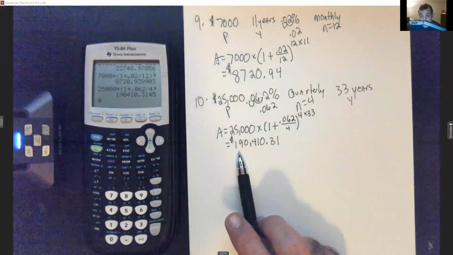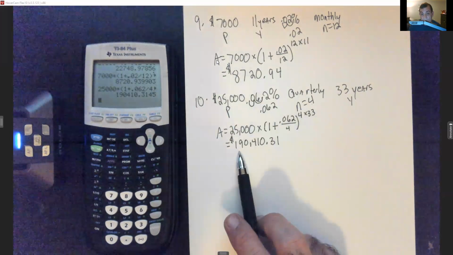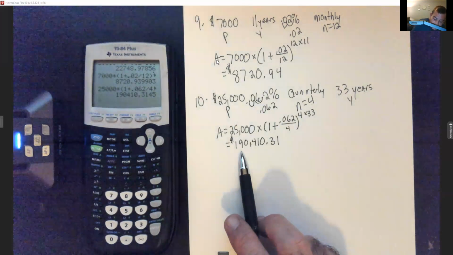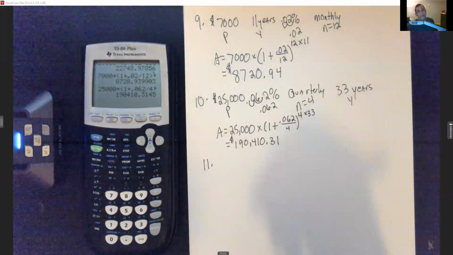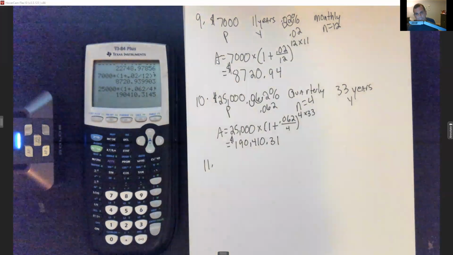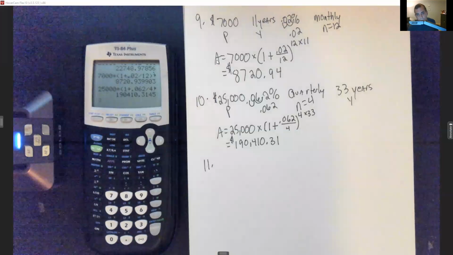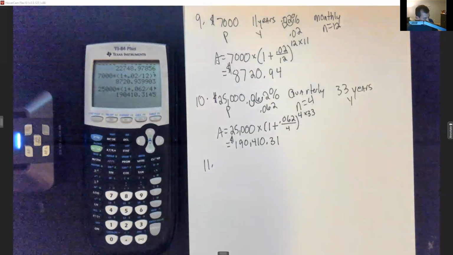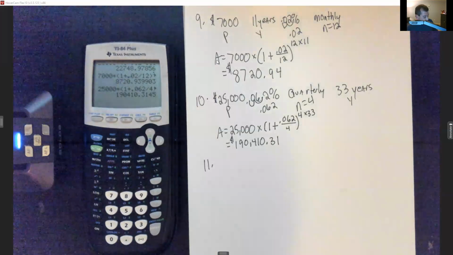You've almost got a $200,000. That's not too bad. You invest that when you're 19. Well, look at that. By the time you're 52, 53, you got almost $250,000, okay? And that's really what we want y'all to see on these.